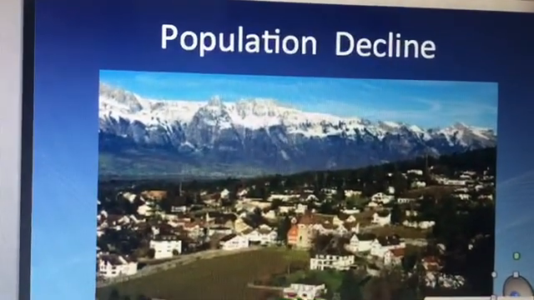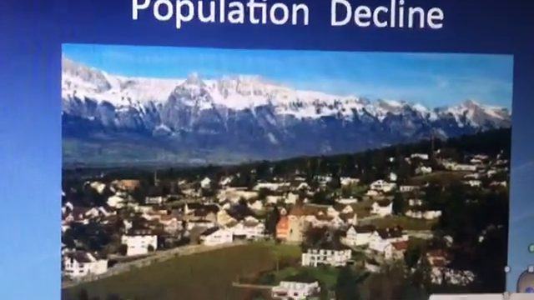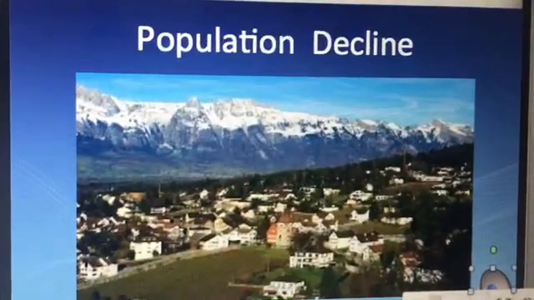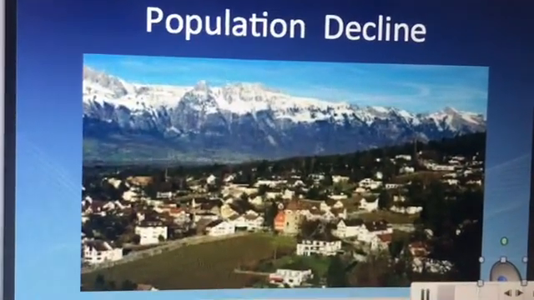On the other hand of population growth, we have population decline. This is also called depopulation. This is the reduction of humans in a human population. This might be caused by many events.